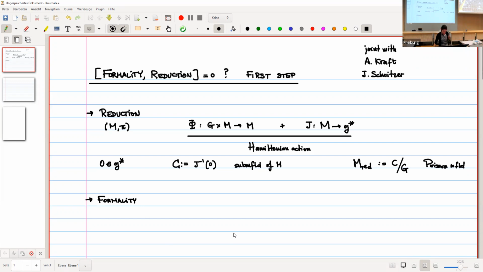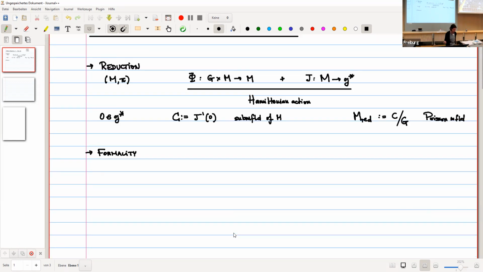And how do you answer this question? In the Poisson case, by means of formality, meaning that we know, thanks to Kontsevich, there exists a map from polyvector fields, multivector fields on the manifold, to multi-differential operators on the manifold. This is what I call F, the formality map.